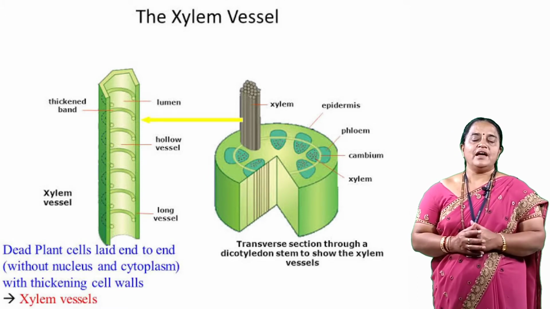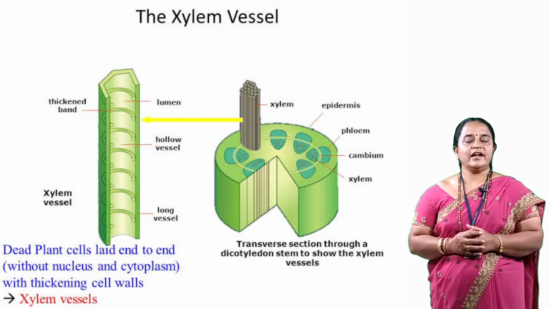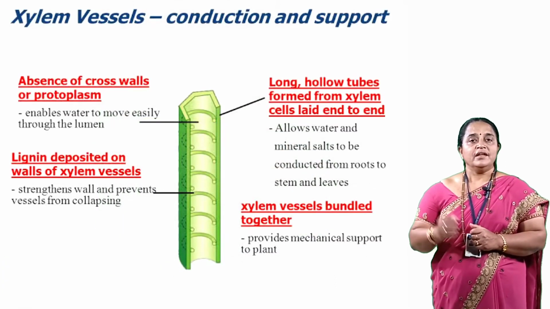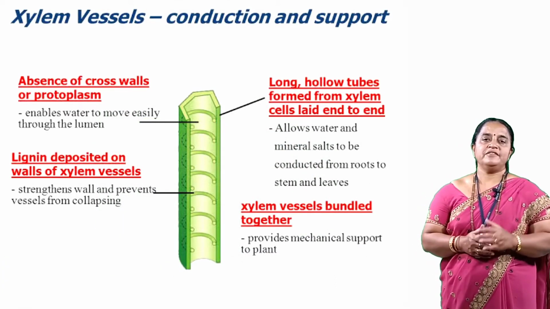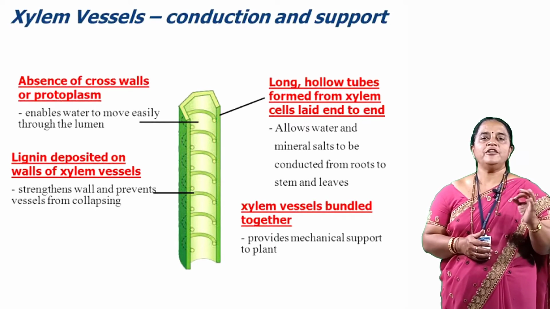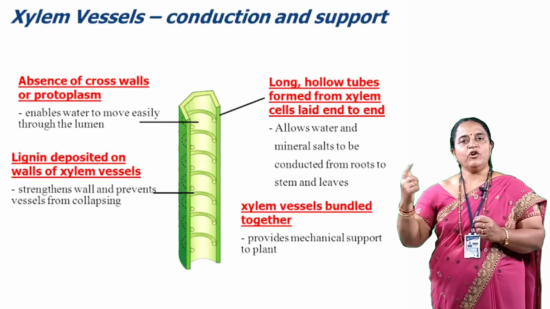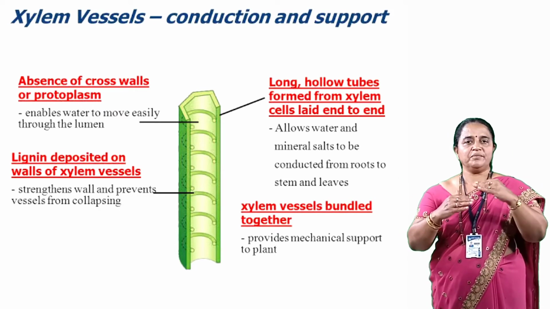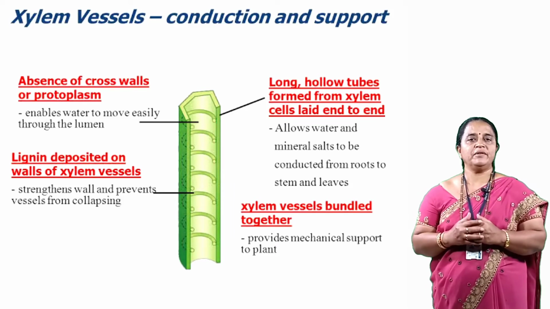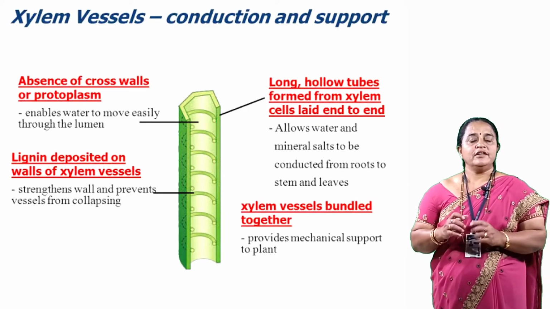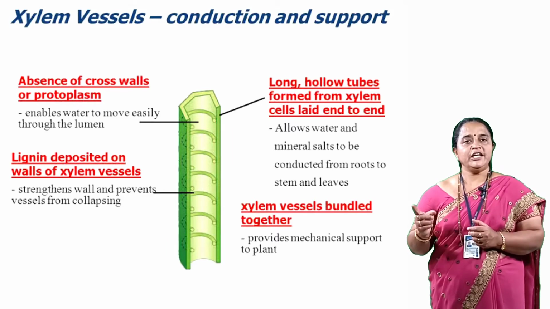The walls of the xylem vessels and the tracheids are lignified. They are very thick. Lignin deposition is specific. It is in the form of circles, known as annular. It is in the form of coilings, known as spiral. It is in the form of steps, looking like compartments, known as scalariform, or it is in the form of network, known as reticulate.